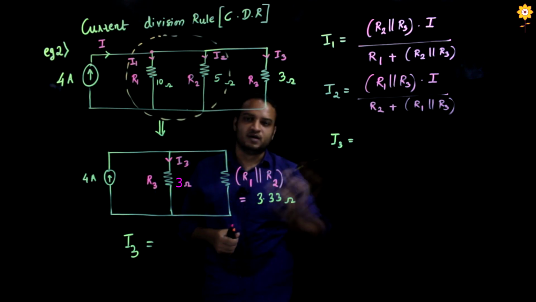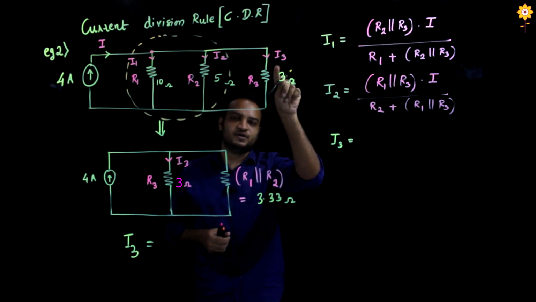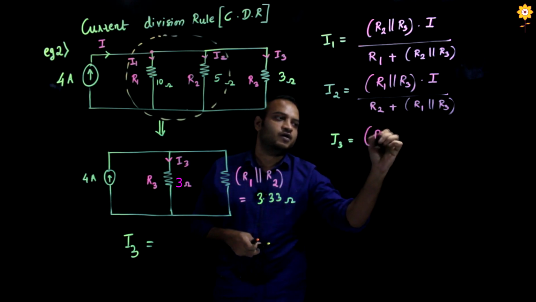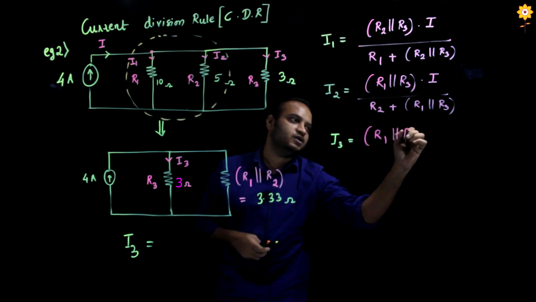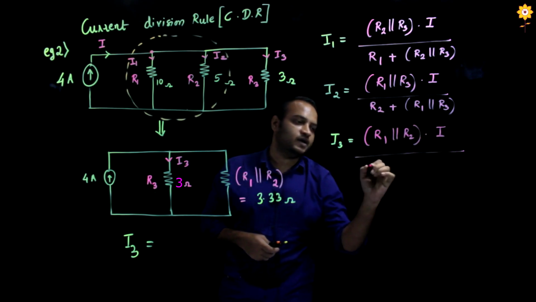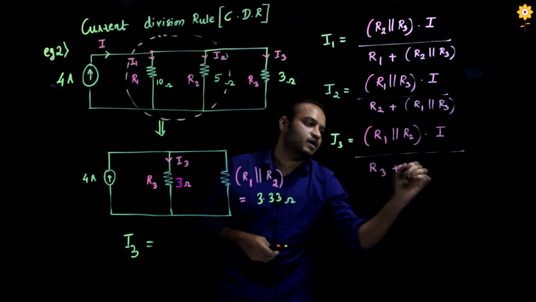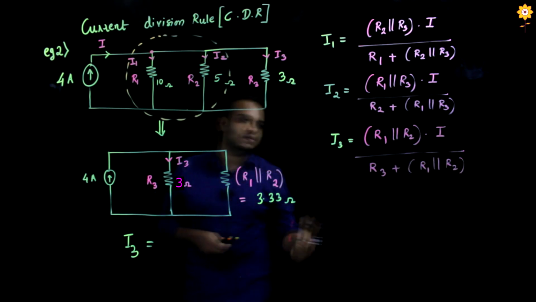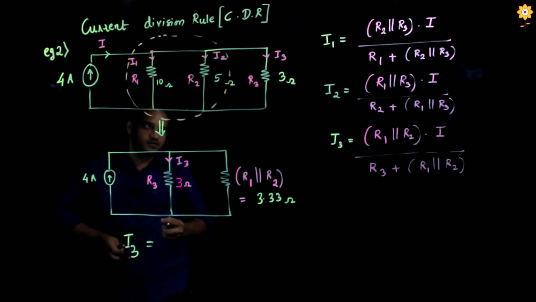And coming to the formula, if I want the current I3, I'll have R1 parallel to R2, into current before division, divided by R3 plus R1 parallel to R2. Same thing I'll apply here to get my answer.